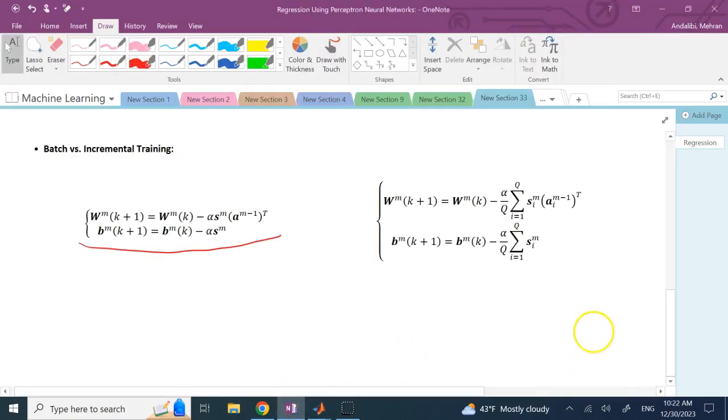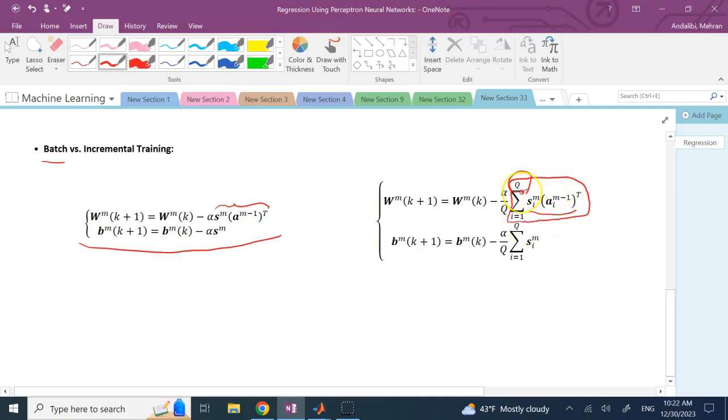Another way that you might hear they do it is called batch training. And I want to clarify, when we say batch training, what do we do? So here, instead of doing the update per input, we calculate this term, S^m times the transpose of the previous layer's A, but we don't immediately apply it to the weights. We add it over all of the inputs that we want to apply to the network.